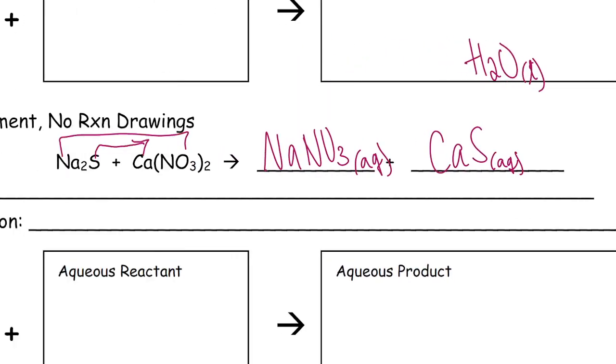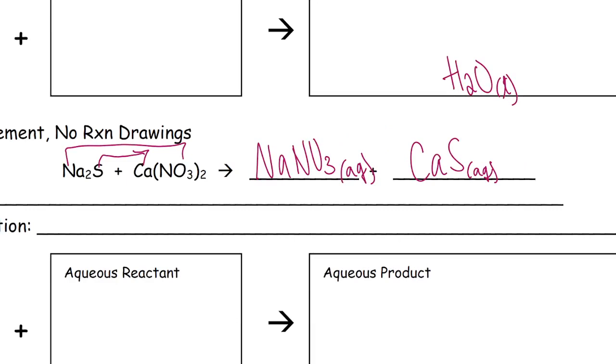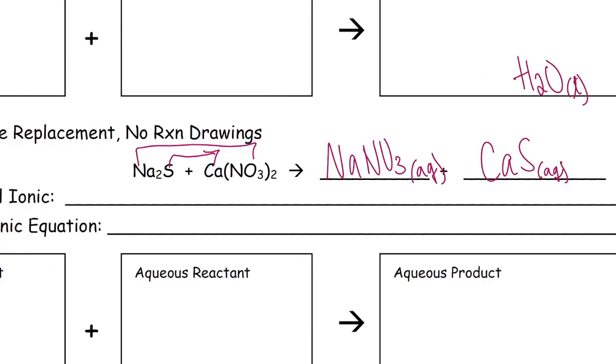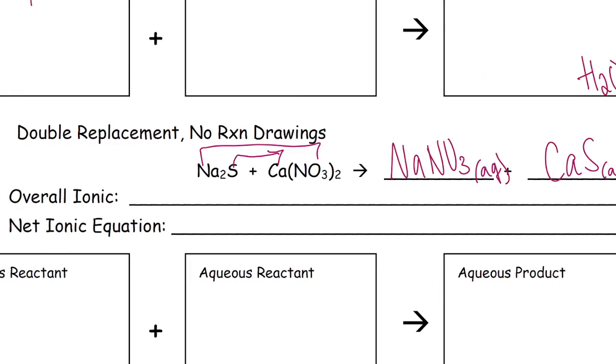So if I come back down here, my CaS is going to be aqueous. And so if you start with two aqueous solutions and you end with two aqueous solutions, that means you just have all four of those ions in the solution to start and all four of those ions in the solution to end. So you didn't actually create anything new. So your net ionic equation here is that there is no reaction.